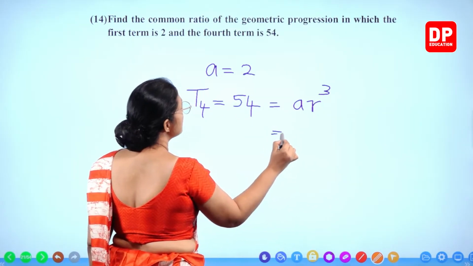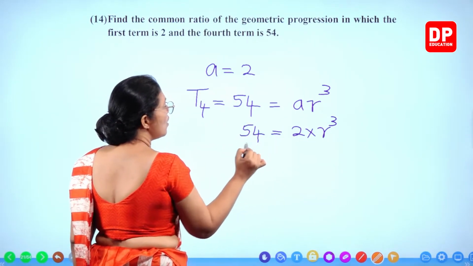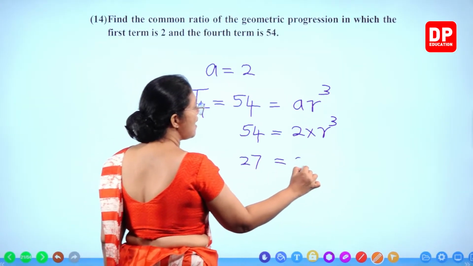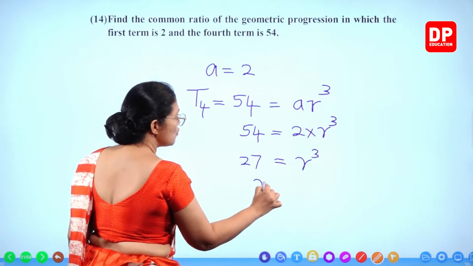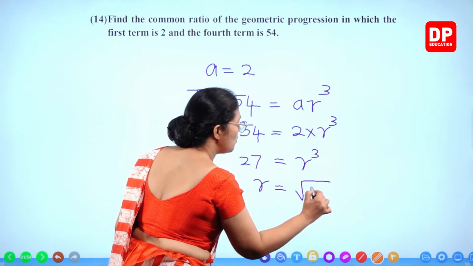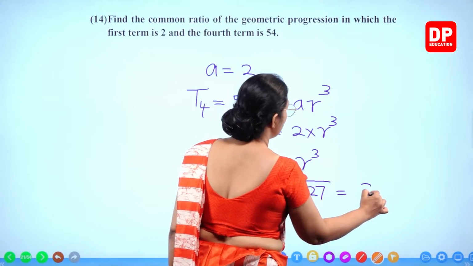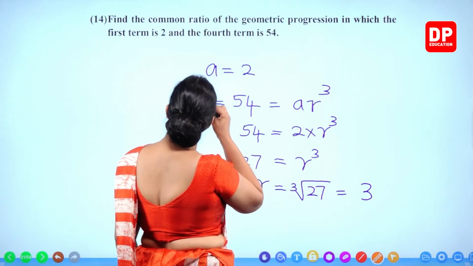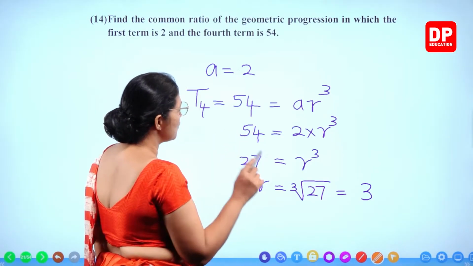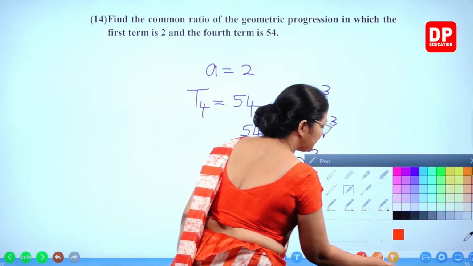So, A equals 2. 2 R cube is equal to 54. 54 divided by 2, 27, is R cube. So what is R? To find R, you have to take the cube root of 27. What is the cube root of 27? That's 3. So 3 is the common ratio. So you get 2 marks for that.